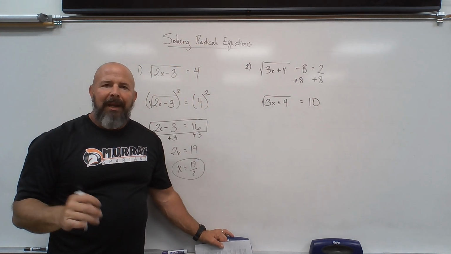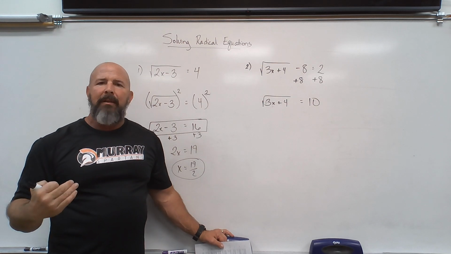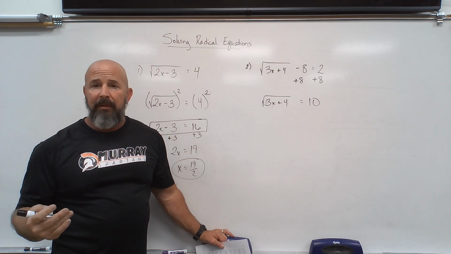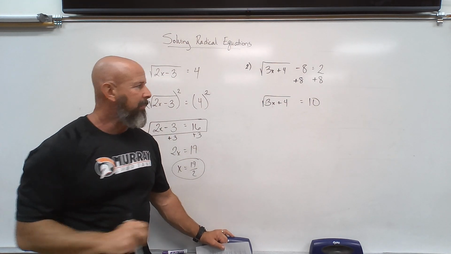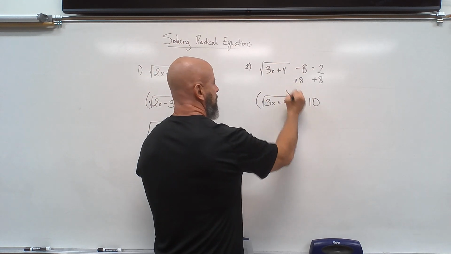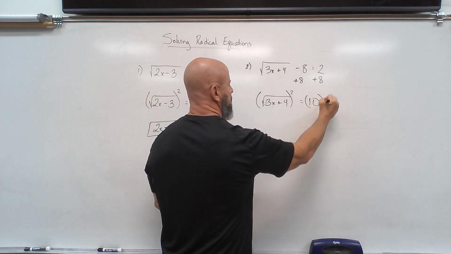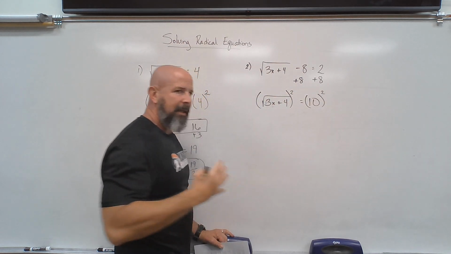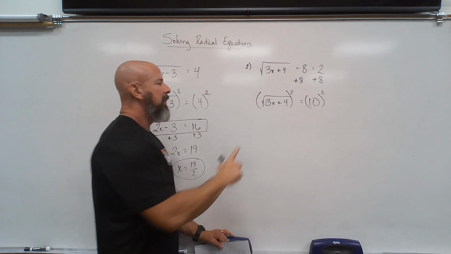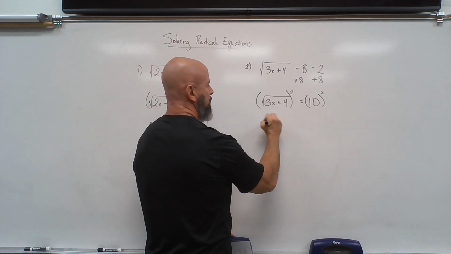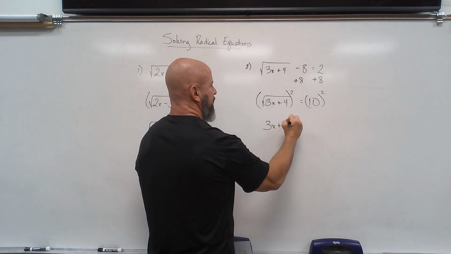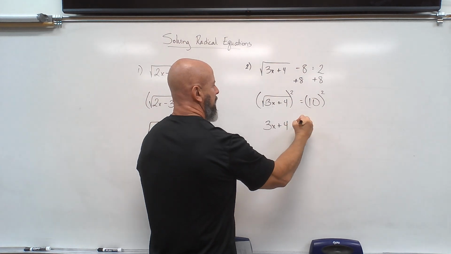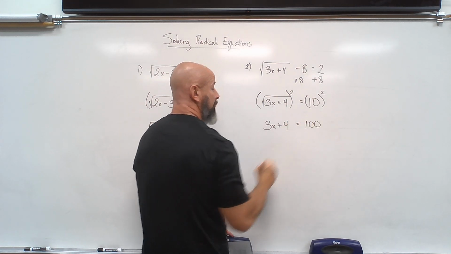Now that that square root's isolated, I can go back through my process of getting rid of that square root, which would be squaring both sides. And so when I square both sides, if I square this square root, that's 3x plus 4. And 10 squared would be 100.